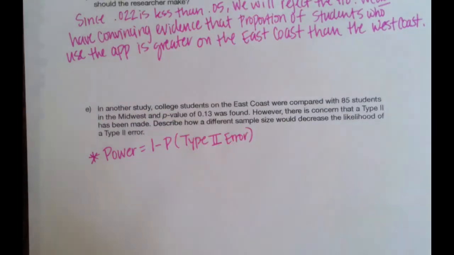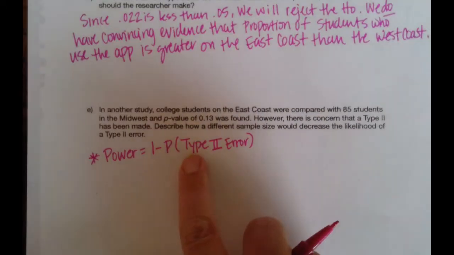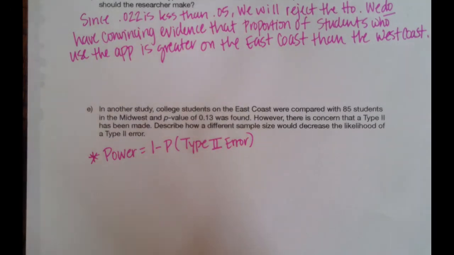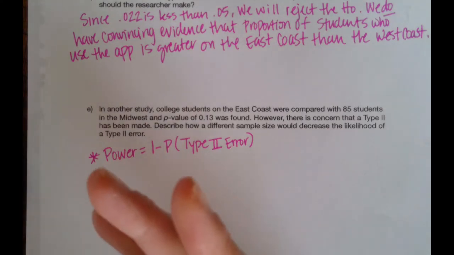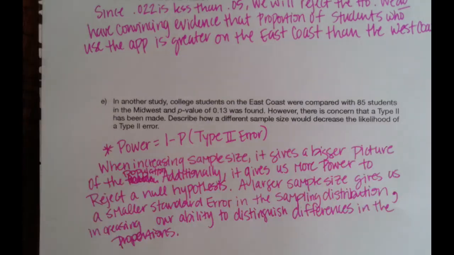So obviously if we increase our power, if we have a bigger power, then we'll have a less likelihood of getting a type 2 error. So then we got to think, well, why is that? There's several things that you can state, and I'm going to write out what I think you would say and what I think would be acceptable.